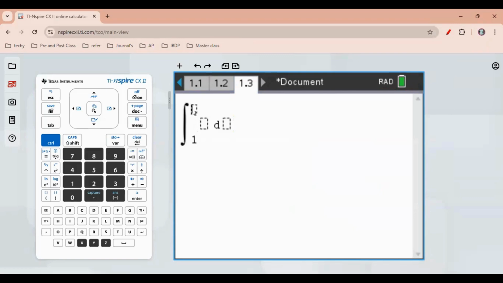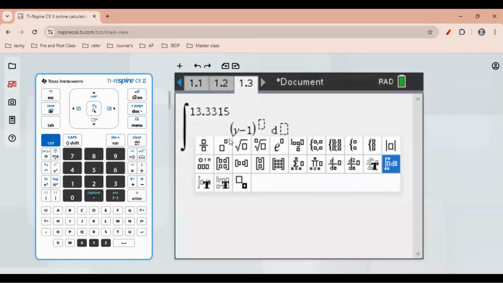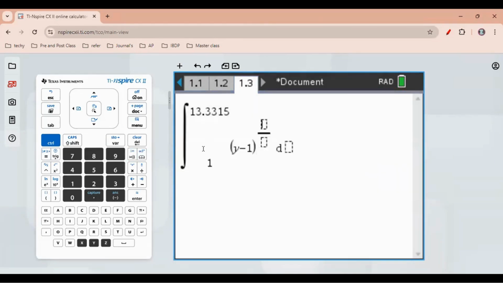I'm solving from 1 to 13.3315, based on y. The integrand is y minus 1, the whole power 2 over 3, with respect to dy.